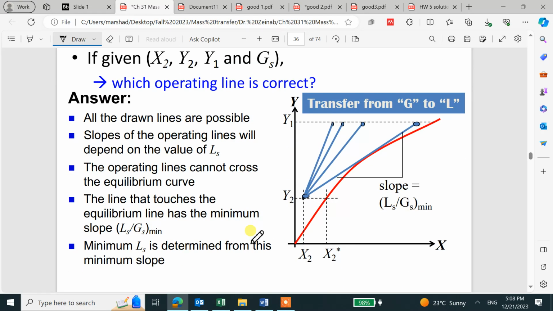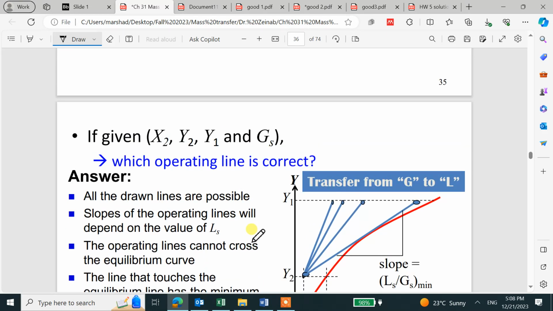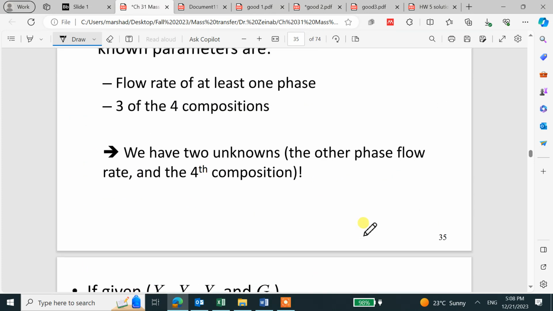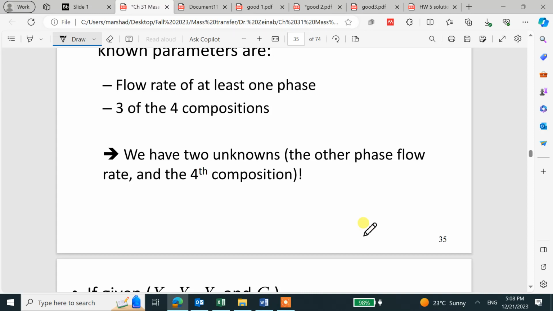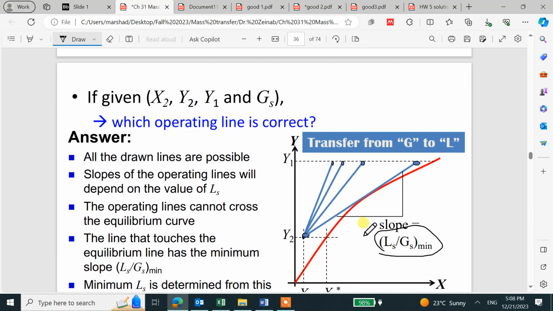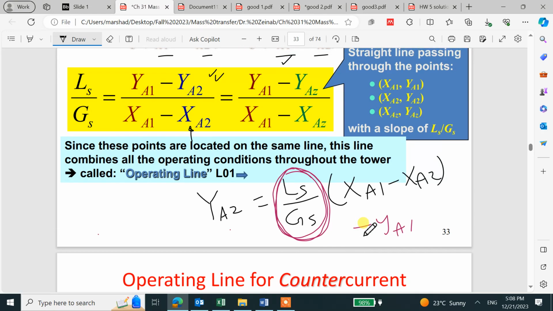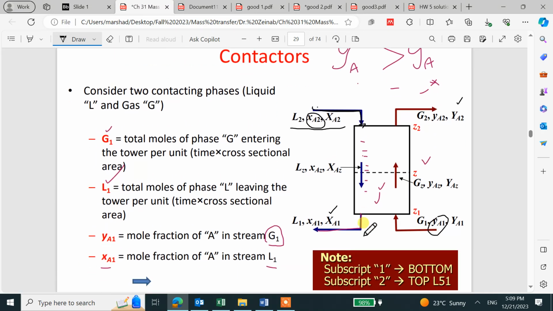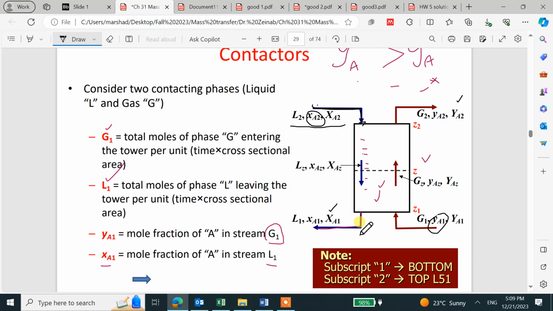Okay, this one we said okay. Now finding the minimum LS over GS minimum, how can we find it? Now see, what is the minimum flow rate you need? As a chemical engineer, when you are designing this absorption column, you need to set the flow rate of the solvent.